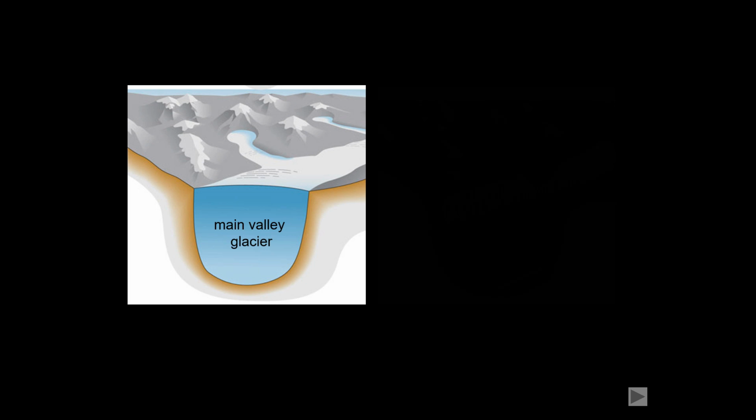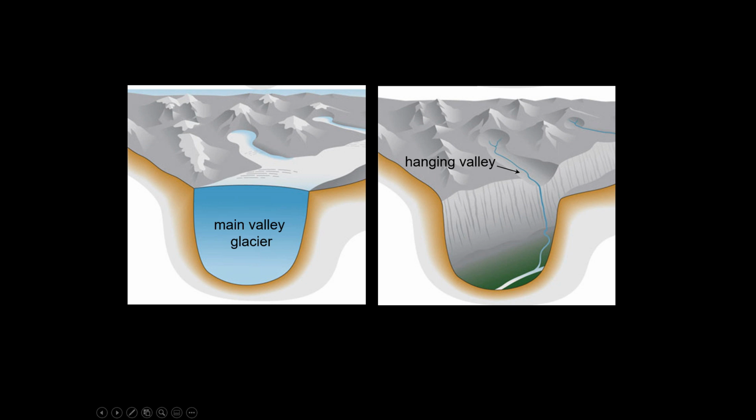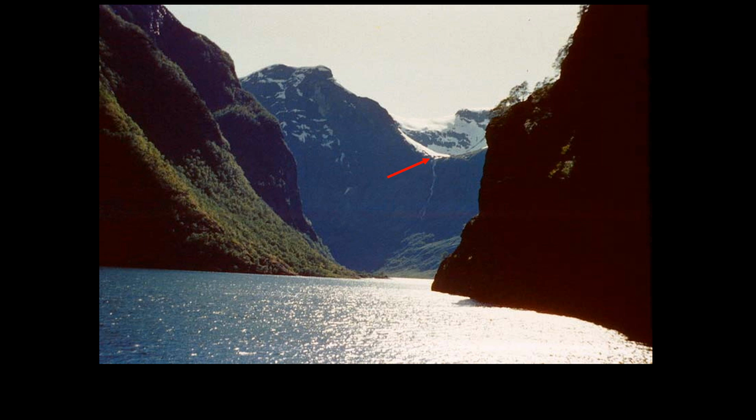Here's the main valley glacier, and you see here's the tributary glacier, and then the hanging valley, and then contemporary, we have a river flowing through this tributary valley that forms this wonderful waterfall. And one more example, just so you can see sort of real life. This particular main valley glacier is now filled, now created a fjord, but it indeed is the same as the other example.